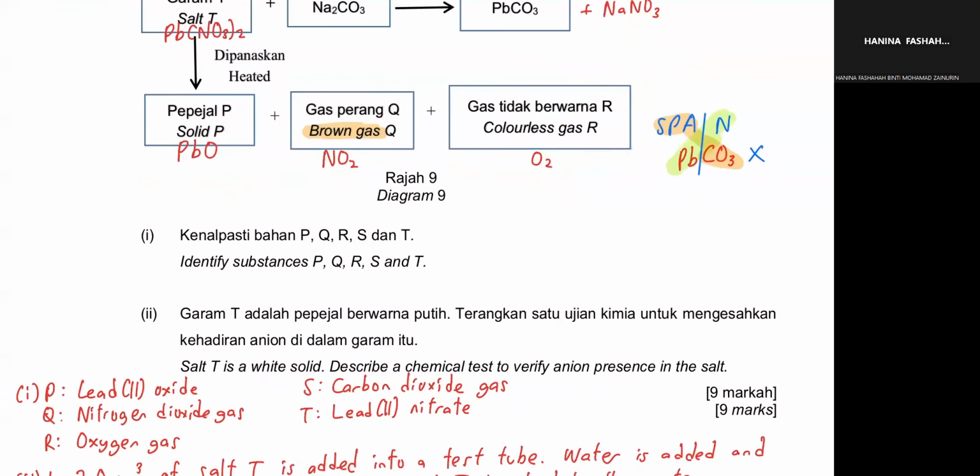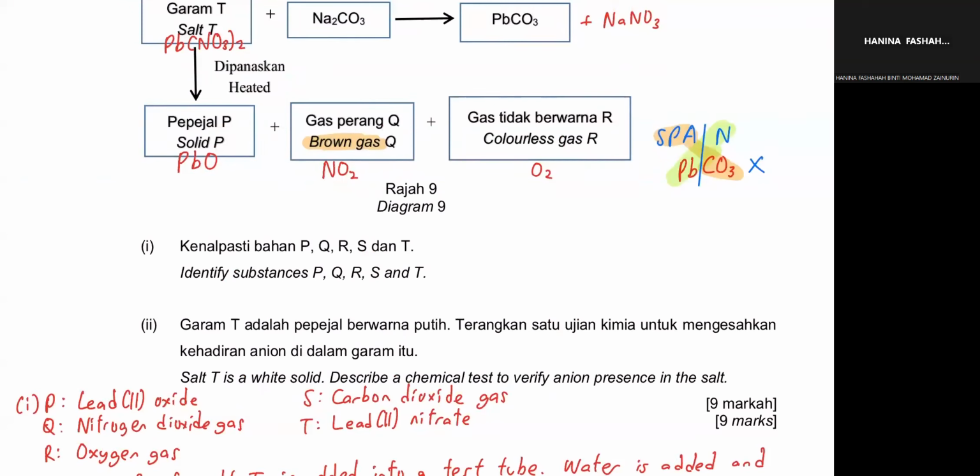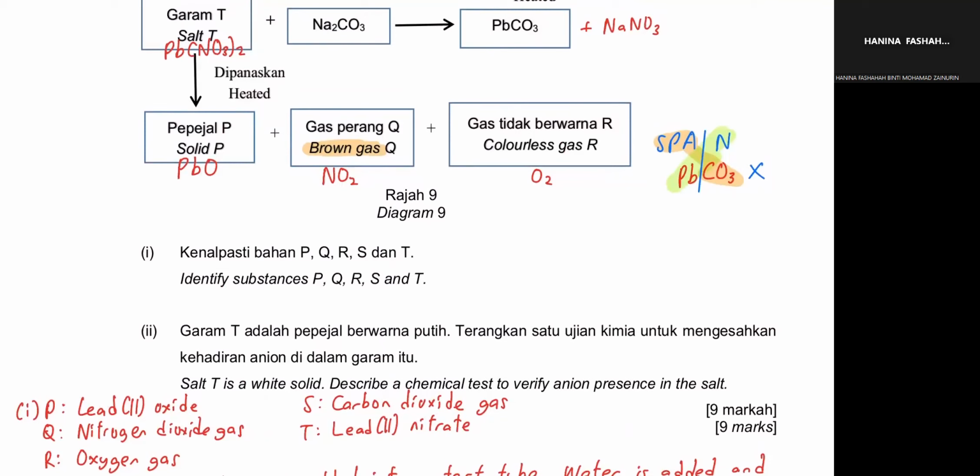But here I will show you the name so that you can remember, in case the exam asks you to name. You can write PbO, NO2, O2, correct, because they didn't say name, they said identify. But just in case in another exam they ask you to write the name, I want you to recognize some of the names, don't forget.